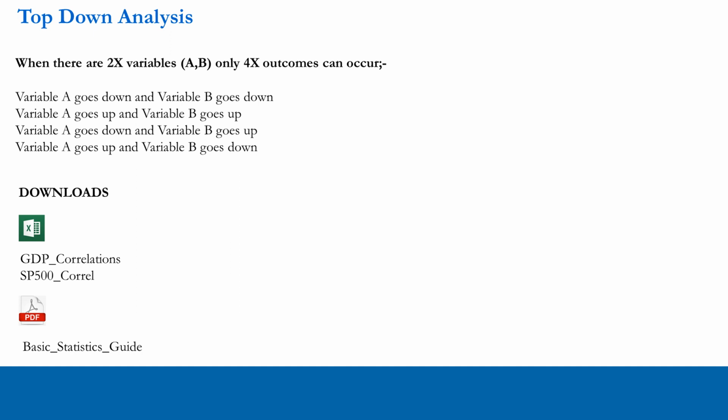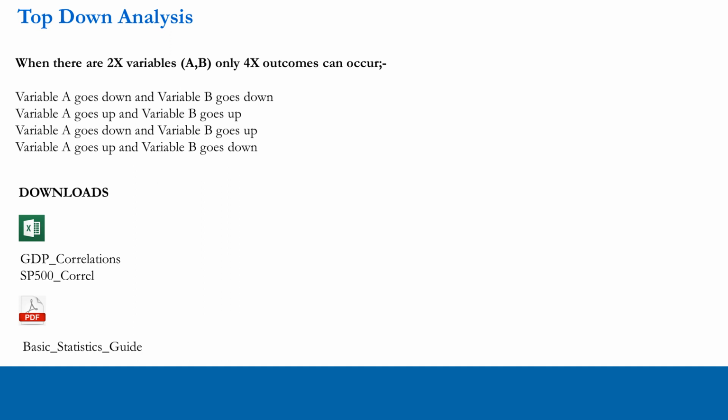But definitely download the Excel spreadsheets and the PDF as supporting material and resources to fully understand what's going on here and your educational development. GDP is very important, and S&P 500 returns being linked to GDP is very important, and it's our foundation for moving forward in the video series. So download those spreadsheets and the PDF and try to understand the numbers.